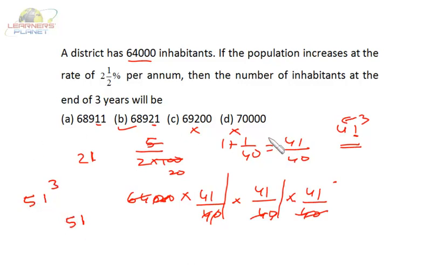Suppose you wish to calculate 71 raised to any other power, then the tens digit, 5 7s are 35. So this way you can calculate the unit digit as well as tens digit, and it will be helpful for you to eliminate the options. Okay, I hope you are clear.